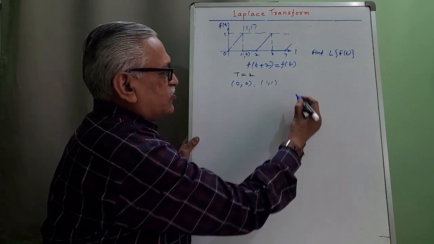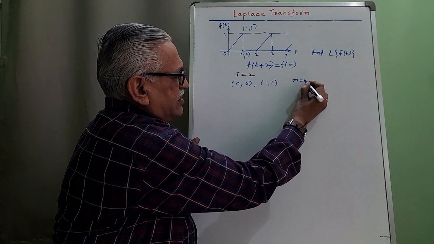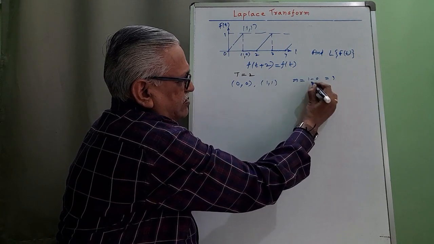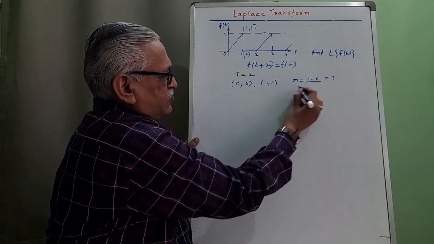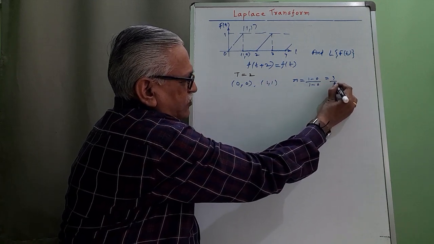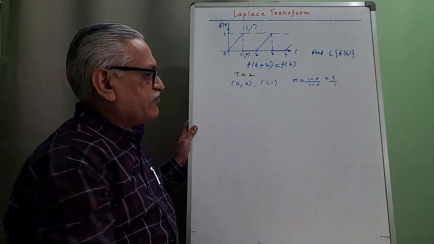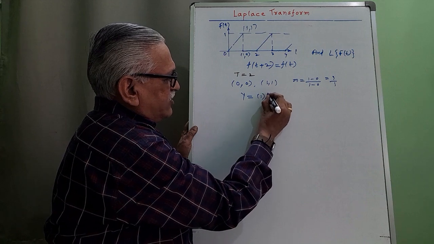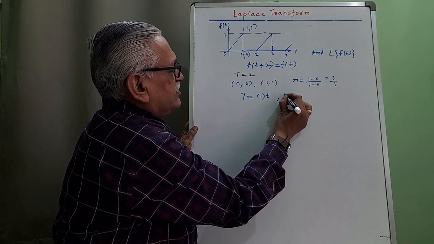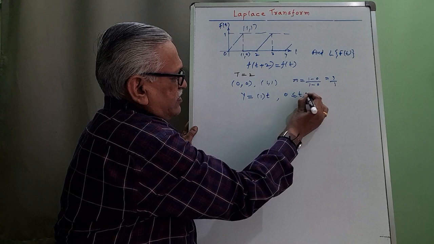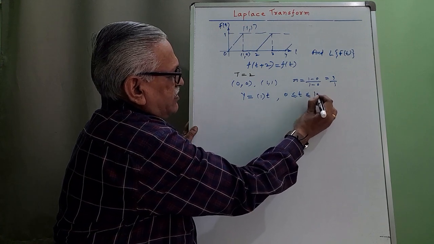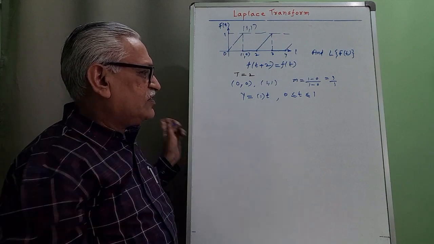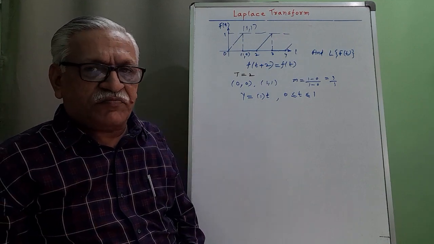Therefore, we find the slope of the straight line, y2 minus y1, that is 1 minus 0, we get 1, divided by x2 minus x1, again 1 minus 0, we get 1. Therefore, slope is 1, and the equation is y equal to mx. m is here 1 and x means t, under the condition 0 less than or equal to t less than or equal to 1. In between 0 to 1, we get that function as y is equal to t.